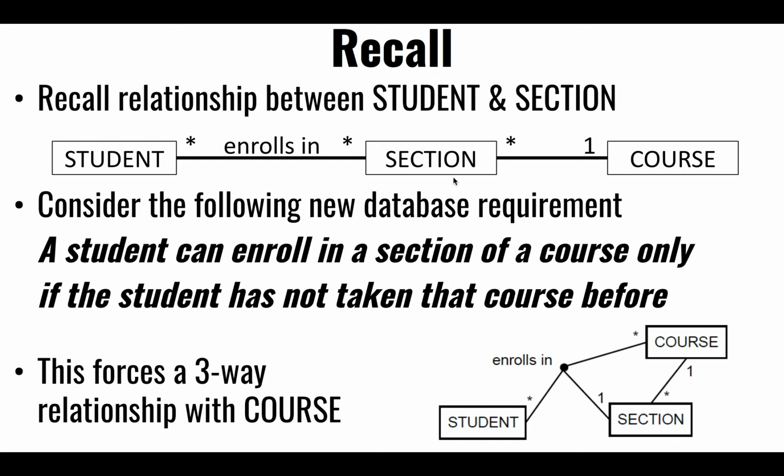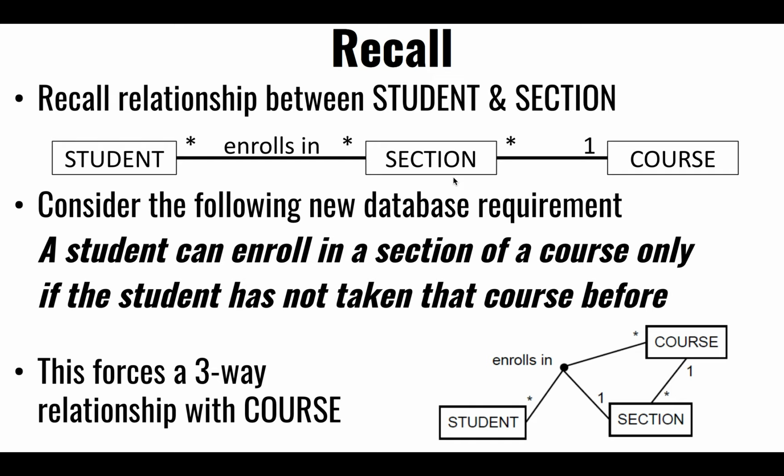Did you already take this course? Somehow we need to keep track of that. And it could be a many-to-many, where one student can be enrolled in many courses, and a course can be enrolled by many students. Already there's some redundancy there, because we already could answer some of those questions going this way.